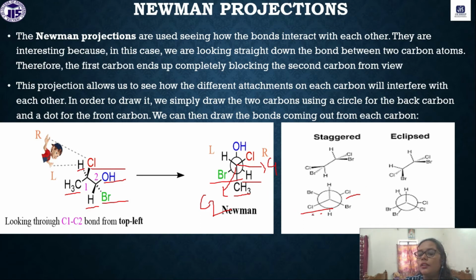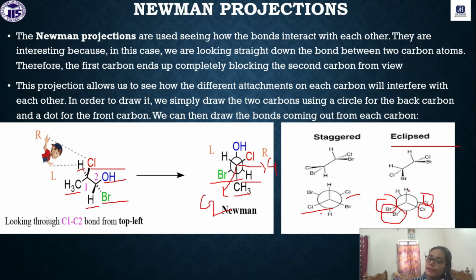This is called the staggered configuration. In the eclipsed configuration, the bromine and bromine will be eclipsed, and chlorine as well, so these bulkier groups overlap with each other. That is called eclipsed.